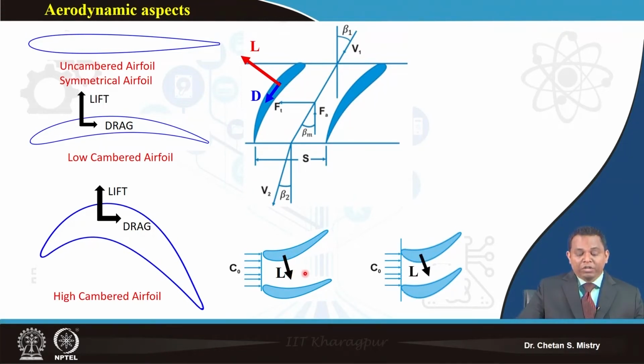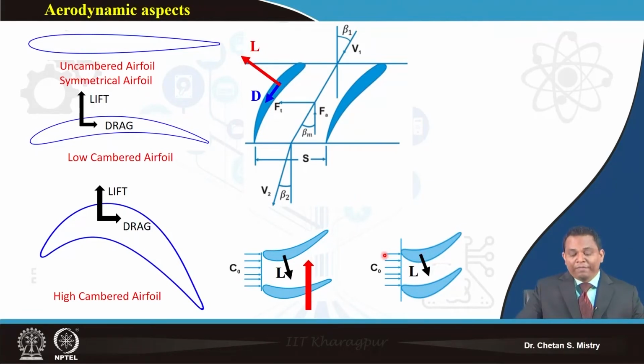Then I need the rotation of the wheel to be from the suction side to the pressure side. If you look carefully, my flow will be entering from this side. When it passes through, we are taking the benefit of this lifting force, and that will be helpful for us in order to compress my working fluid. Now in line with that, we have the turbine blade, in which we also have lifting force.